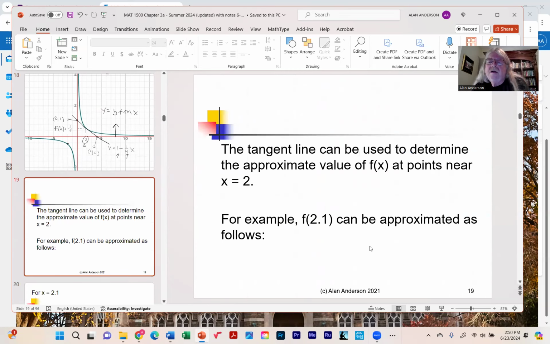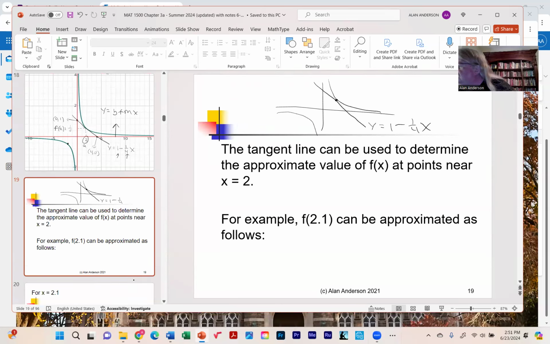Now what do we do? Well, suppose for whatever reason, I need to come up with an approximate value of f of 2.1. Let's see. So here's your 2. And the tangent line is, as we just saw, 1 minus 1/4 x. Here's 2. What about 2.1?